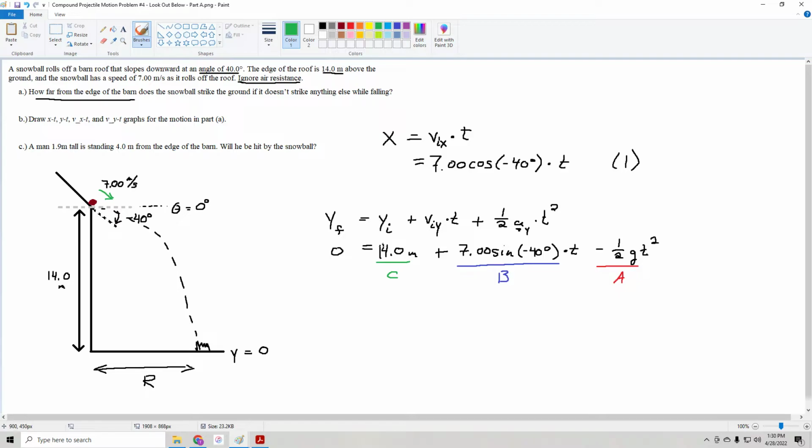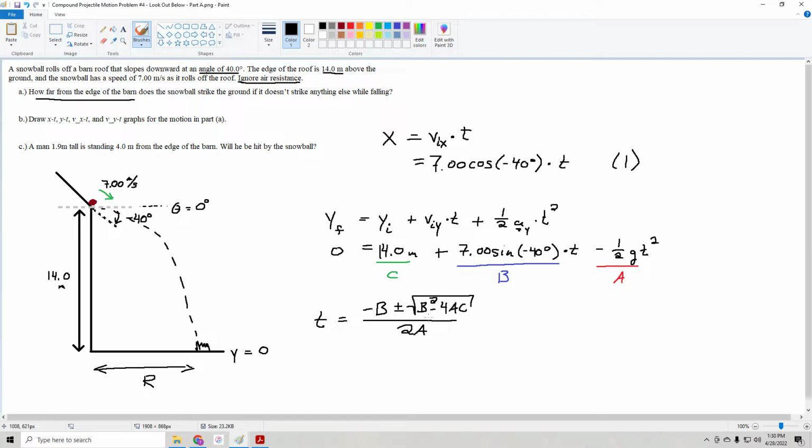So just 14. And remember, we're going to use the quadratic formula to solve for the time when the snowball hits the ground. And the quadratic formula is probably very familiar to you at this point. Negative b plus or minus the square root of b squared minus 4ac all over 2a.